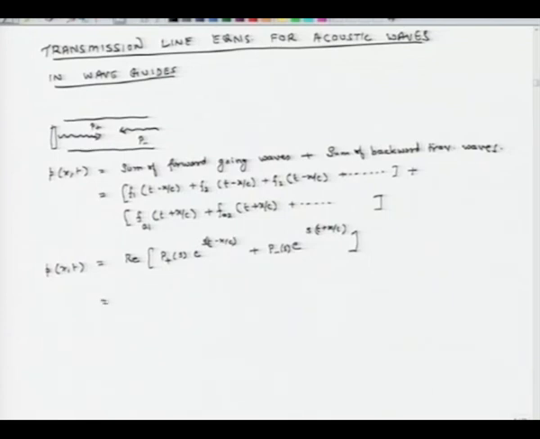And this I can rewrite as the real part of P(x,s) times e^(st), where P(x,s) is nothing but P plus e^(-sx/c) + P negative e^(sx/c).